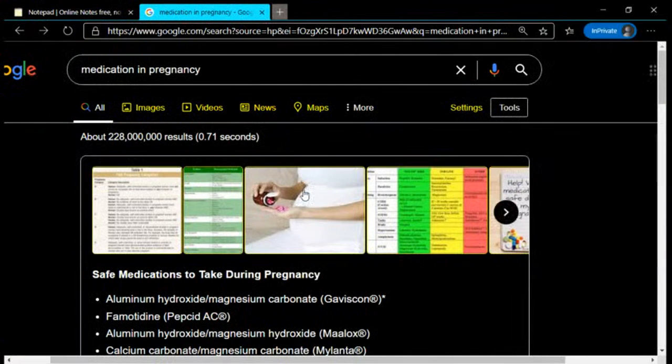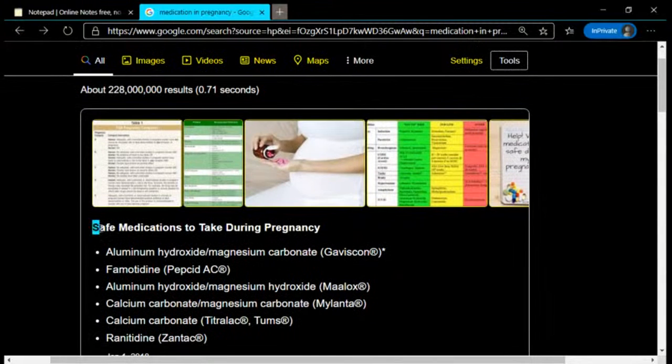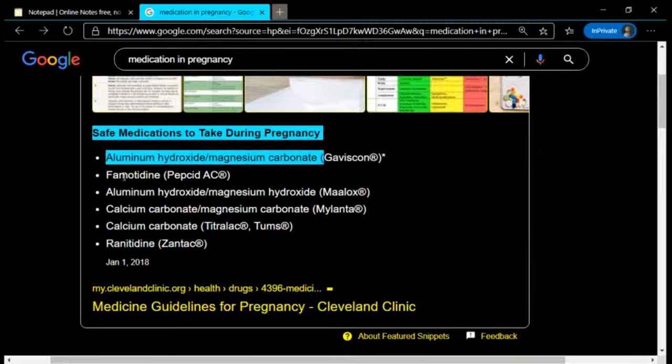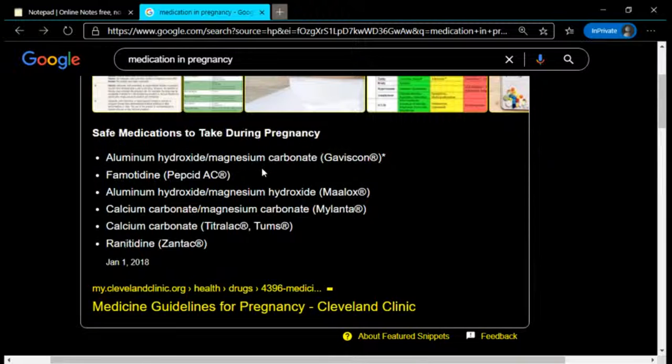Research. We have self-medication to take during pregnancy: aluminum hydroxide, magnesium carbonate, and this is the trade name for aluminum hydroxide, magnesium carbonate, Gaviscon.